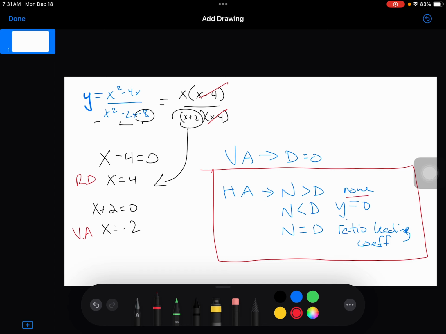There are no horizontal asymptotes. If the degree of the numerator is less than the degree of the denominator, then the horizontal asymptote is y equals 0. And if the horizontal asymptote is the ratio of leading coefficients, that means that n is equal to d, or the degree of the numerator is equal to the degree of the denominator.